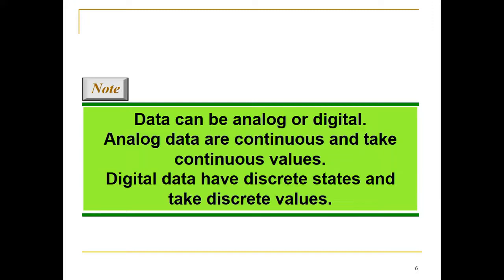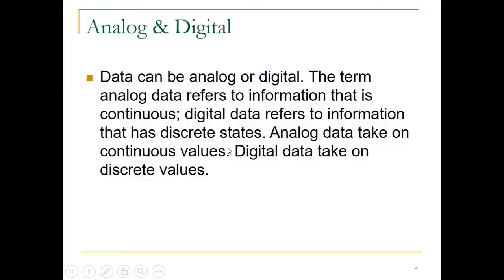So if you notice, we are talking about data as analog or digital, and we're also talking about signal as analog or digital. And when data takes on analog form, it would have a continuous state.